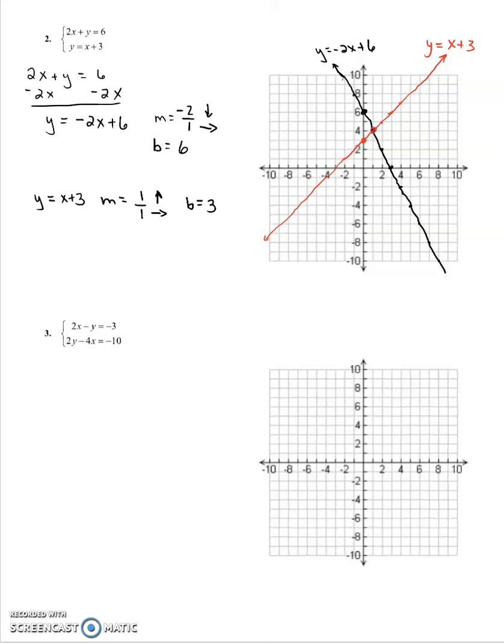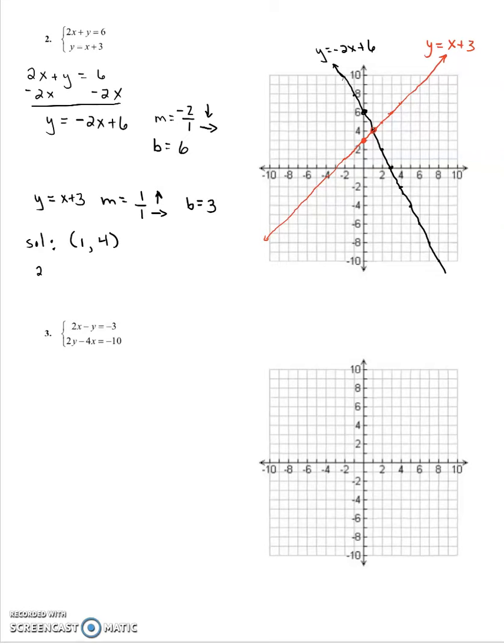So the point right where they intersect is our solution. So the solution is the point, let's see, that point is at an x coordinate of 1 and a y coordinate of 4. Now let's plug those in and make sure that works.